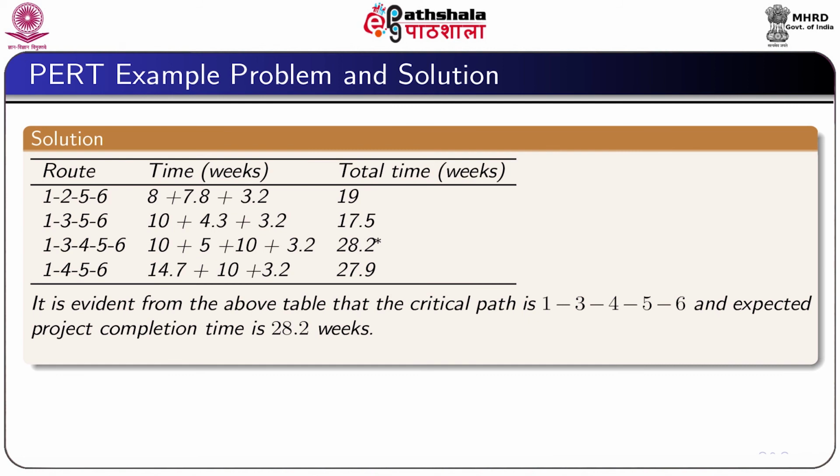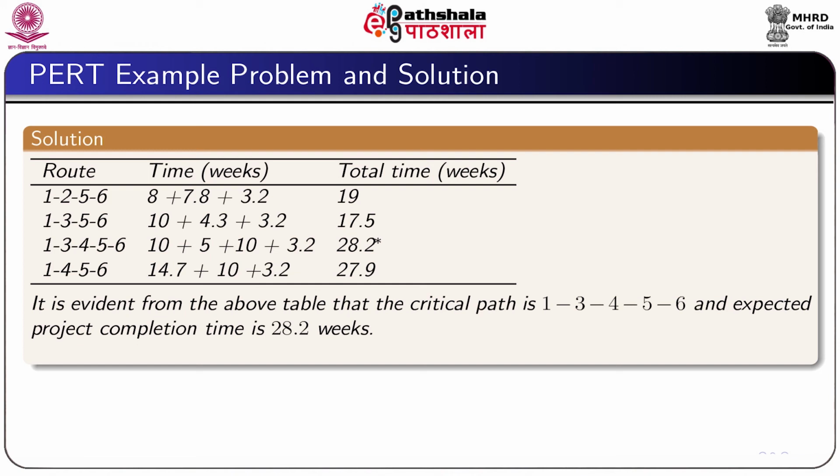Now, directly we can find the critical path without considering the forward and backward pass computation. Clearly, in the network diagram we have the 4 paths 1, 2, 5, 6, 1, 3, 5, 6, 1, 3, 4, 5, 6 and 1, 4, 5, 6.